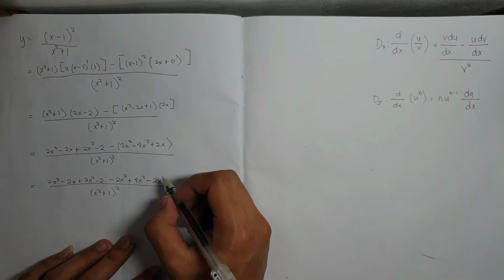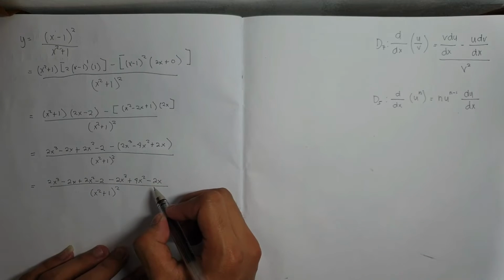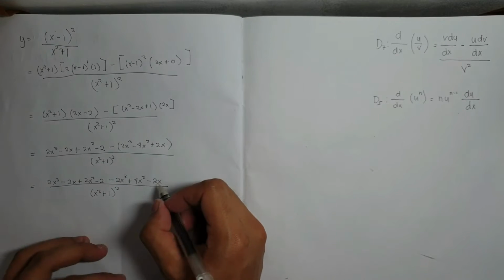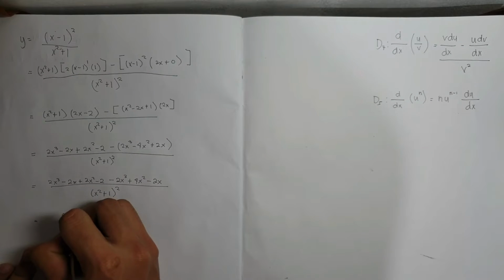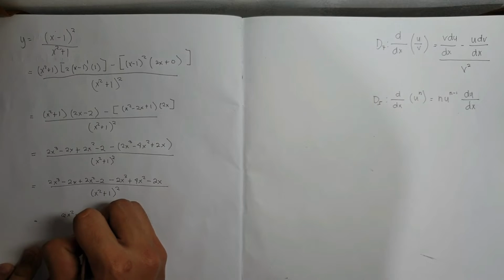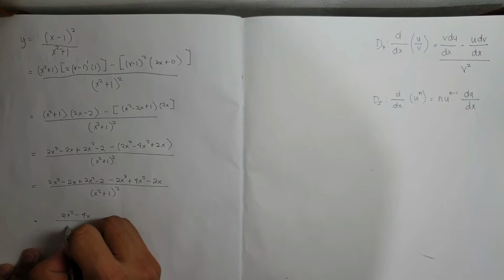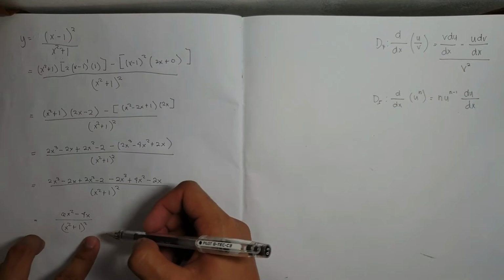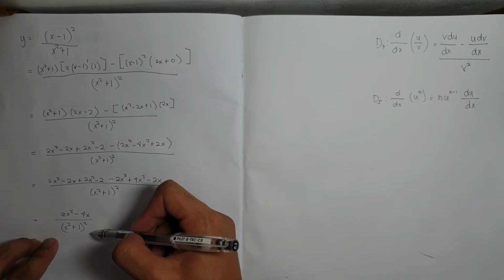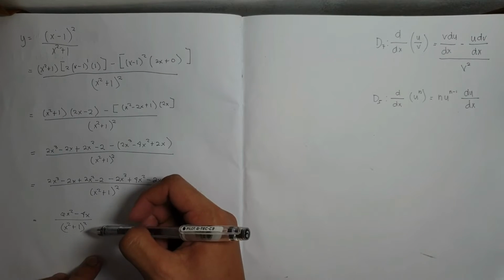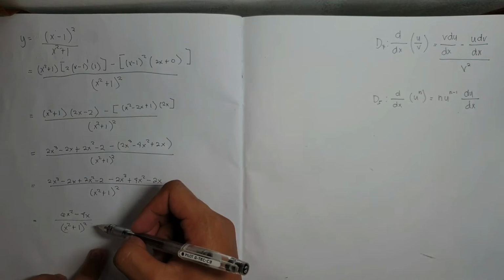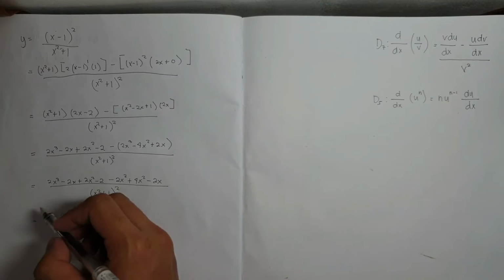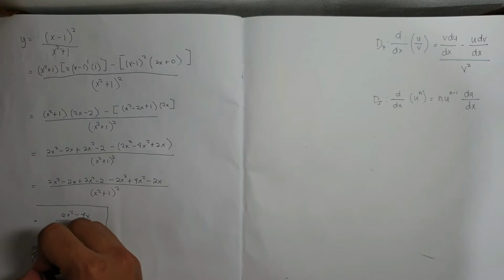Now we will simplify these whole terms by combining like terms. So it equates to 6x squared minus 4x over (x squared plus 1) raised to the power of 2. Since this term cannot be simplified, we can conclude that this is our final answer.